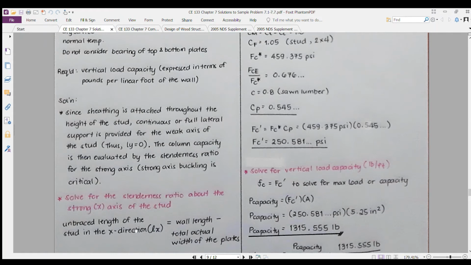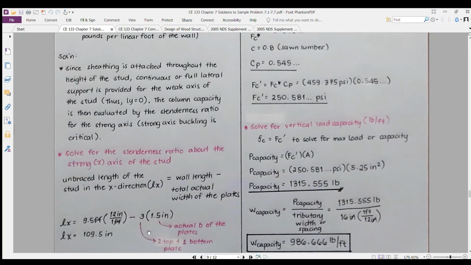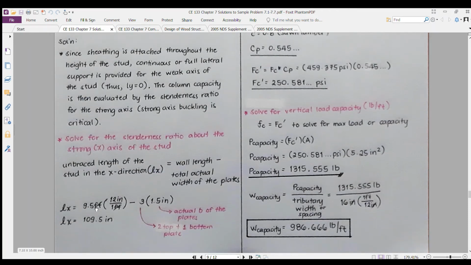The unbraced length of the stud in the x direction is equal to wall length minus the total actual widths of the plates. So for L sub x, we have 9.5 feet, which we are going to convert into inches, minus 3 multiplied by 1.5 inches. 3 because we have 2-inch by 4-inch plates: 2 plates at the top and 1 at the bottom.